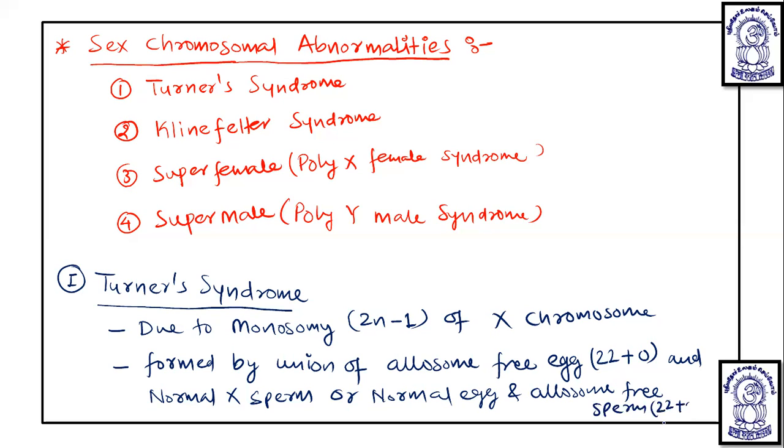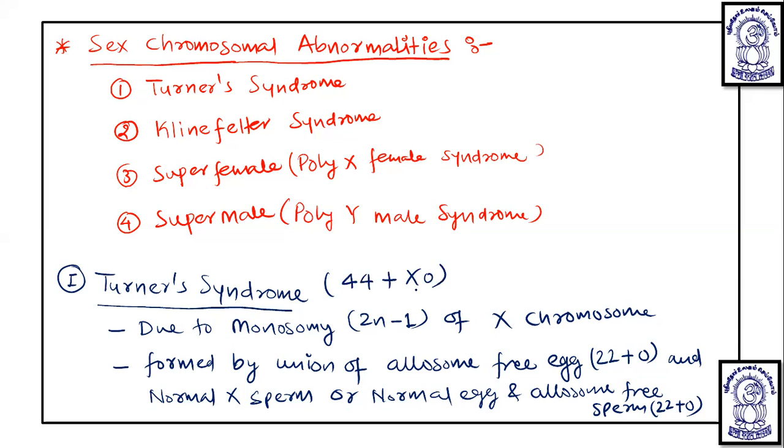Okay, so like this, if fusion occurs, then there will be one chromosome less out of the total 46. So here only 45 chromosomes are going to be present in this condition. So this condition can be represented as 44 plus X0.